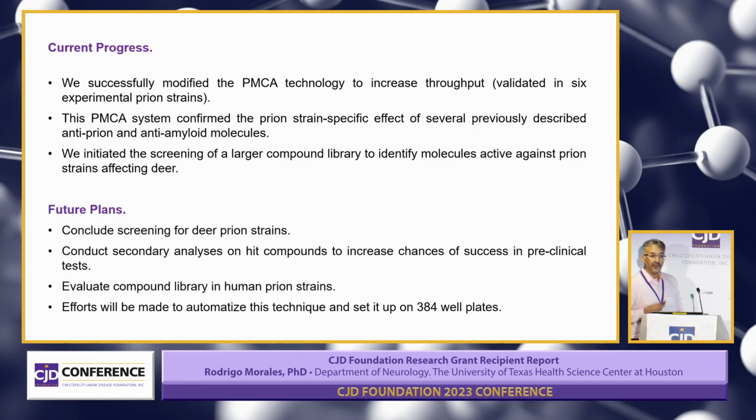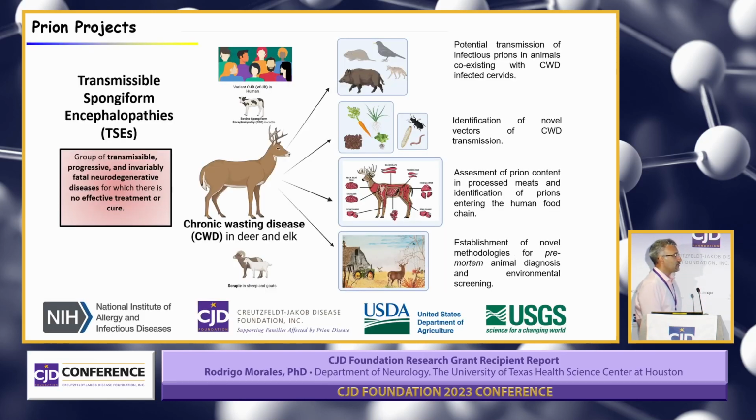The future plans for the next year are to conclude the screening of deer prion strains, conduct secondary analysis on hit compounds to increase chances of success in preclinical tests, and of course evaluate this in human prion strains. Efforts are also being made now to set up this technique in 384 plates. This has been very difficult, to increase the throughput of the technique. So I will jump to that.